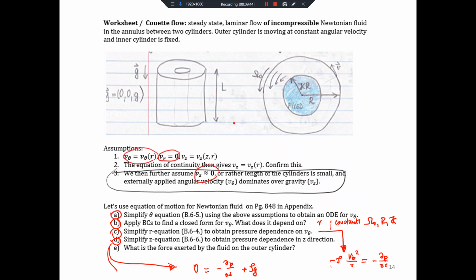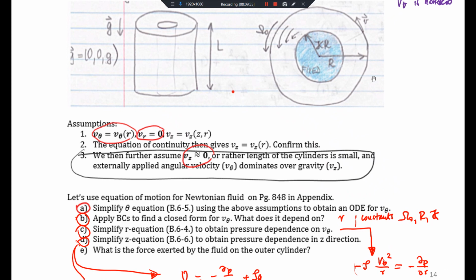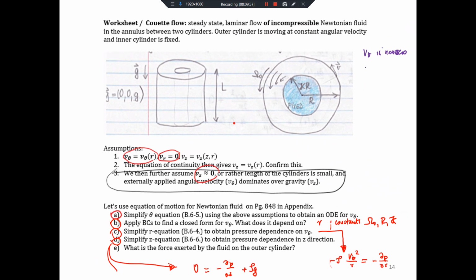So what is the force that we're looking at? V theta is non-zero, so we will have theta momentum transfer across our plane.